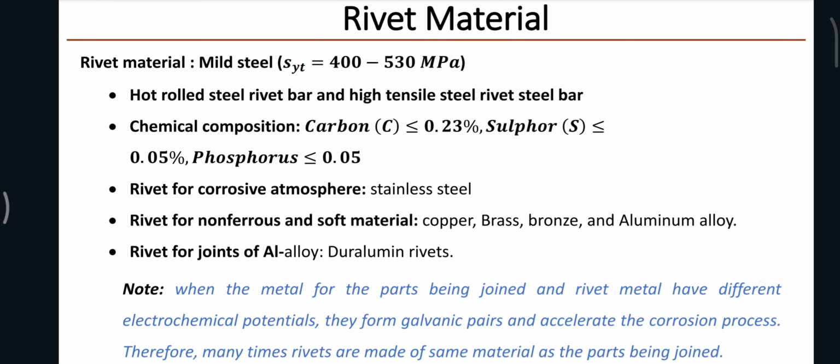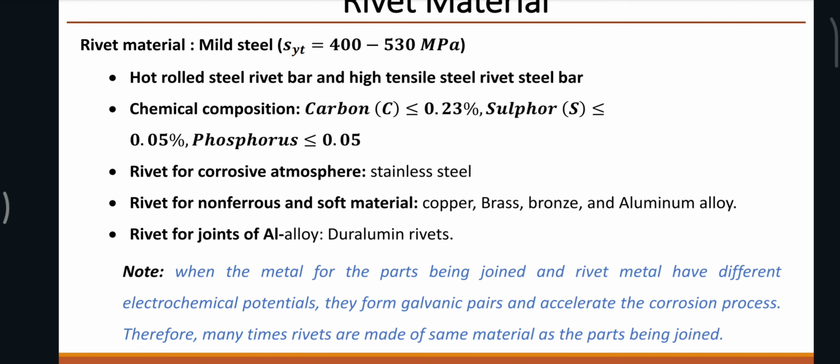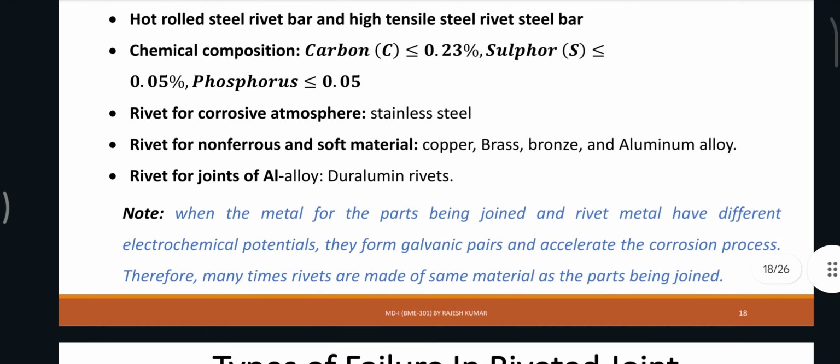Rivet for corrosive atmosphere is stainless steel. Rivets for non-ferrous and soft material are copper, brass, bronze, and aluminum alloy. Rivet for joints of aluminum alloy: duralumin rivet.